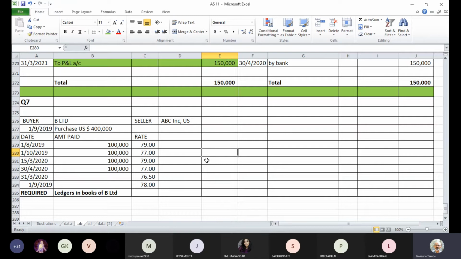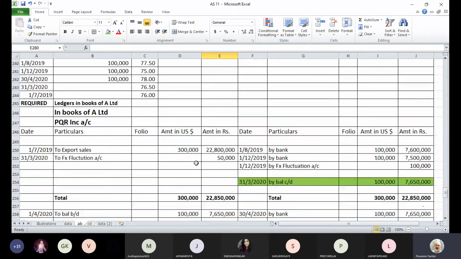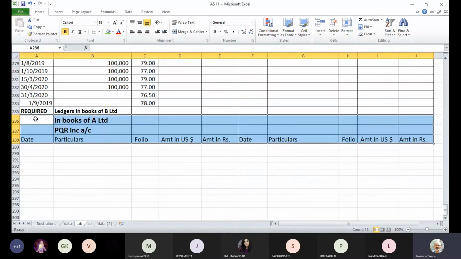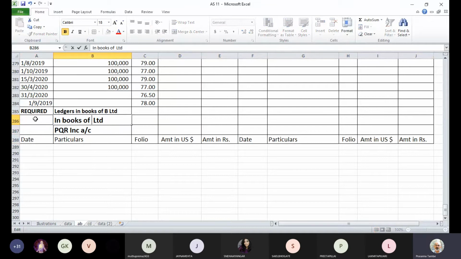So let us prepare the ledgers in books of B Limited. We will prepare two ledgers. One is a seller or party ledger, supplier's ledger, which is ABC Incorporated, and the second one is FX fluctuation account. So let us prepare the formats. In books of B Limited.